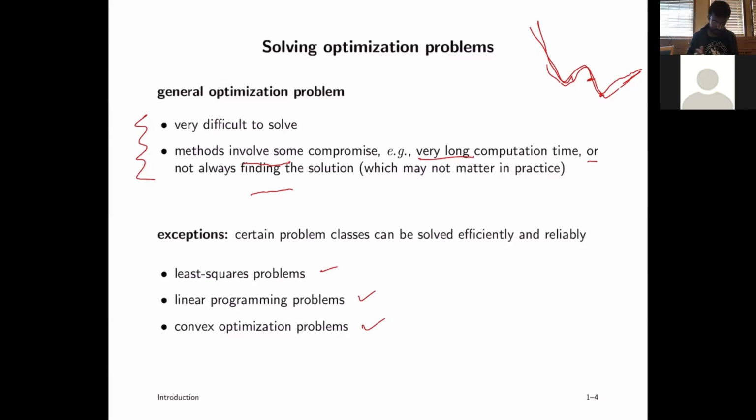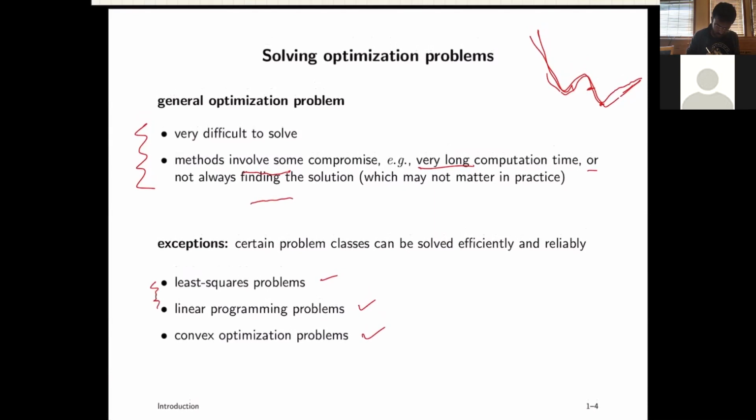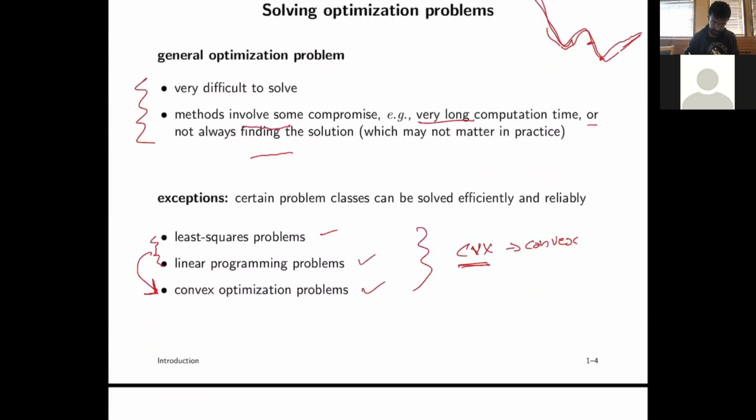So don't get confused here, this is just a beginning slide. Actually, these two problems fit into convex optimization. Here everything is about convex optimization. So we write CVX to denote convex in this course. Sometimes I write CVX, so be aware that it is convex.